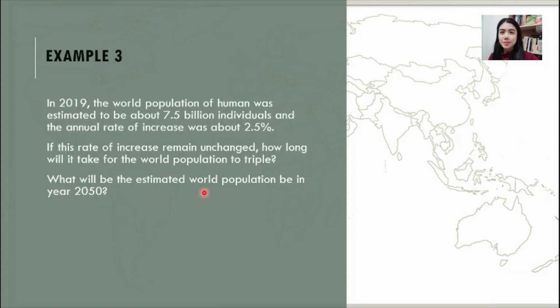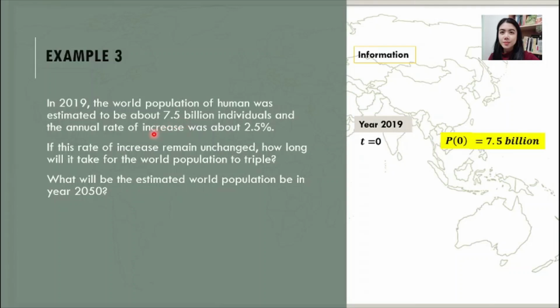So let's just extract the information from this example. It has mentioned the year 2019. So the year 2019 is our initial, that is your time equal to 0 here. And the population at time equal to 0, P0, is equal to 7.5 billion.